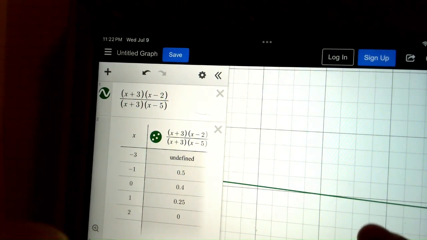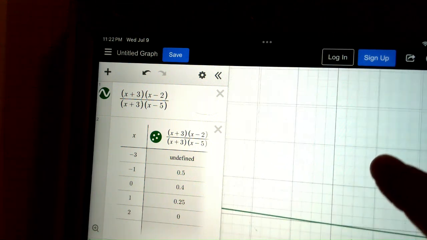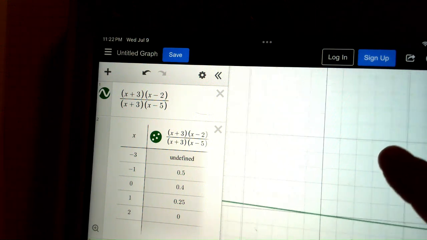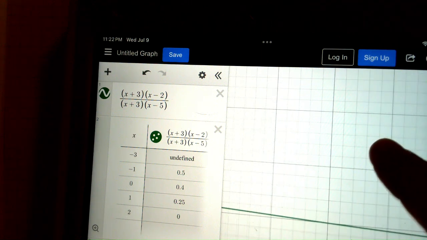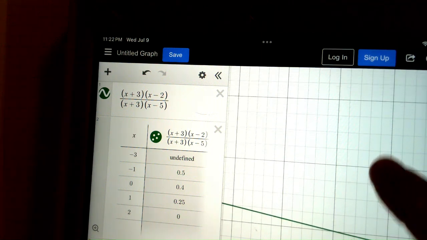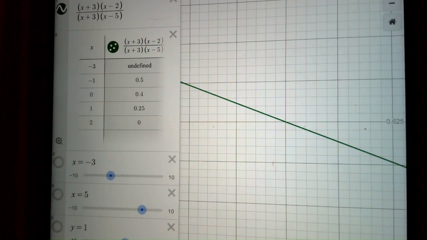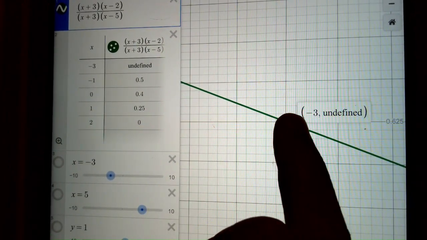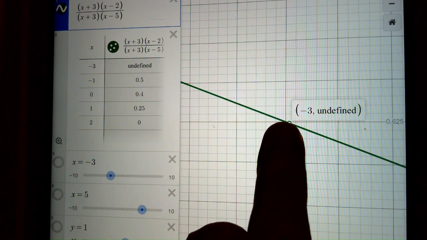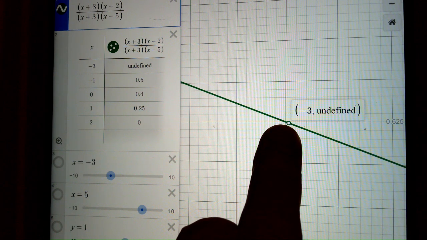Please tell me, yep, negative 3 is still there. We are zoomed way in. I forgot how far you have to go. It will not let me zoom anymore. You can almost see the hole. There it is. You can see how it's kind of an open circle underneath my finger. There, I finally got it shown.